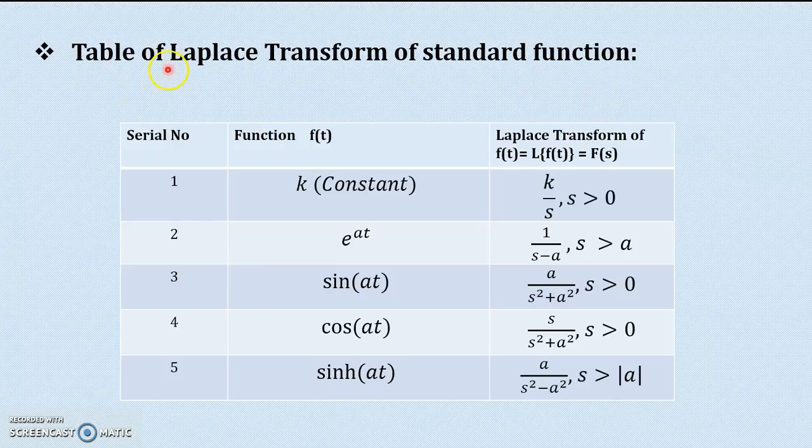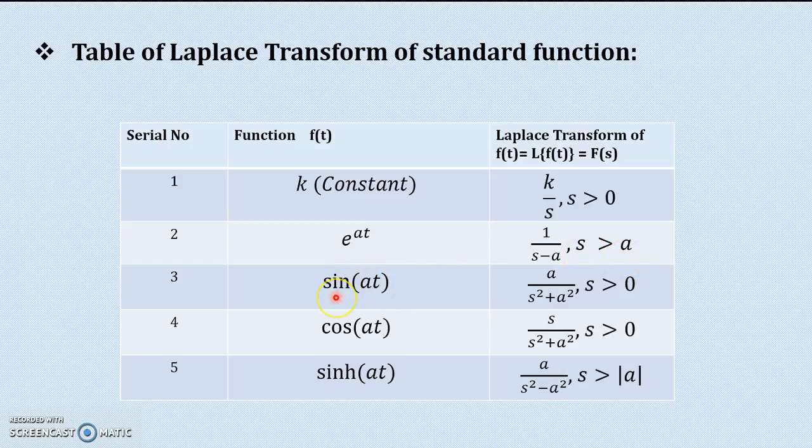In this slide we see the Laplace transform of a standard function. If the function is a constant k, then its Laplace transform is k by s for s greater than 0. If the function is e raised to power at, then its Laplace transform is 1 upon s minus a for s is strictly greater than a.